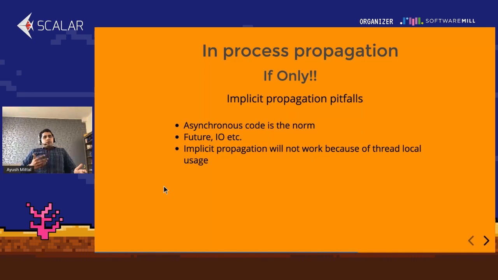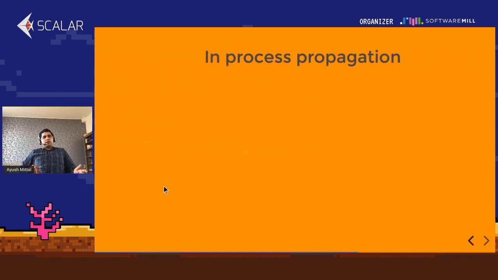Now, we need to solve this problem for our asynchronous code, which is the use case most of the time. Asynchronous code is the normal way of working. So for that solution, we have another method that we need to manually or explicitly share the tracing data between methods or between services.